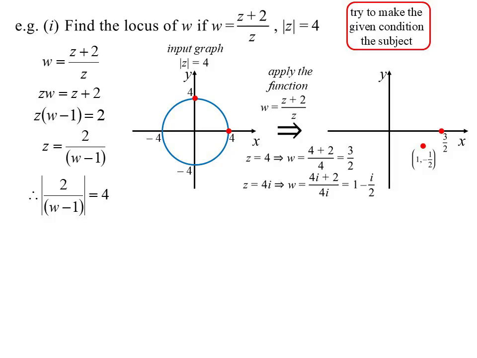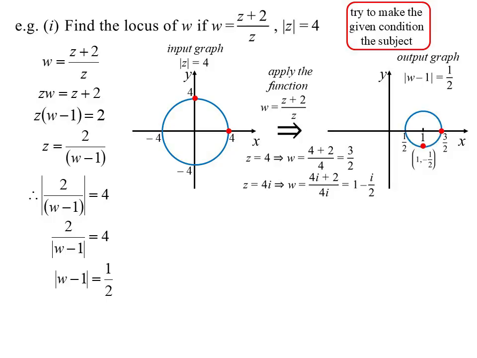There's my new picture. It must be that the modulus of 2 on (w minus 1) is equal to 4. Now if I play around with that, I can get something I recognise. Well, the modulus of 2 is 2, and turning both sides upside down, aha, it is also going to be a circle. Centre at 1, radius a half. So there's the output graph.